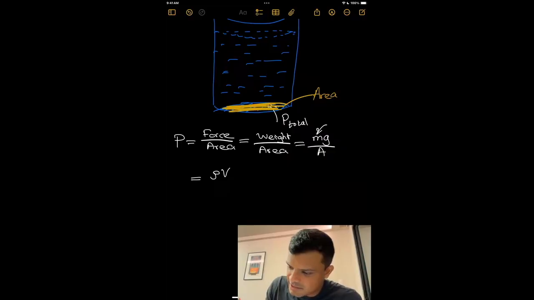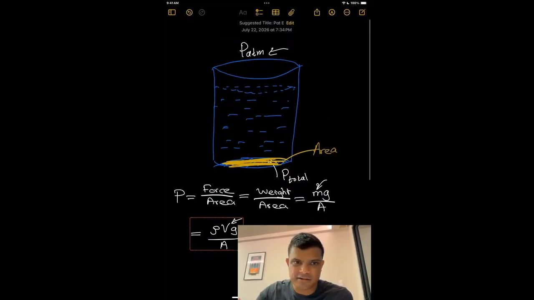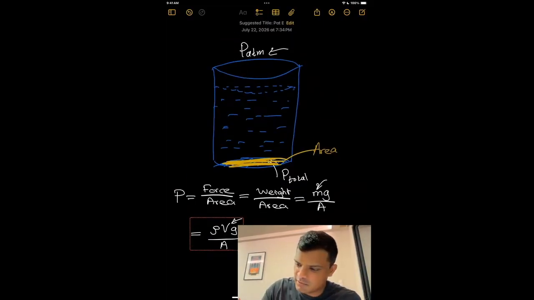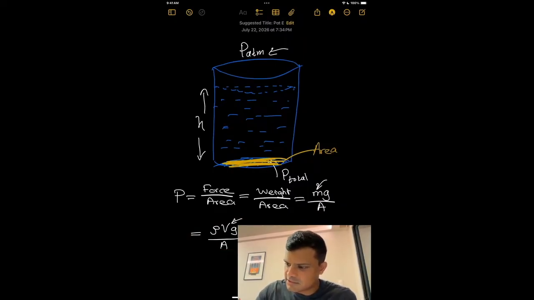Then that multiplied by g divided by A. Now we're going to break down this volume. When we look at this water, what do we mean by the volume of the water? Well, there's some height to this water. So the volume of this water is, if you take that area and multiply by the height, that's your volume. If you have a cross-sectional area and multiply by some distance, height, then you get volume.